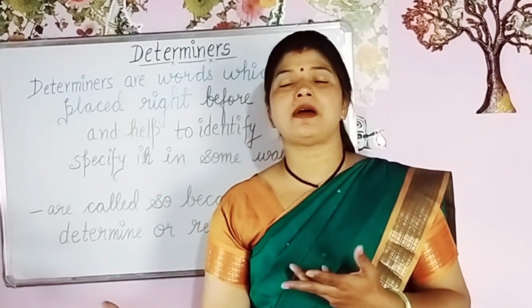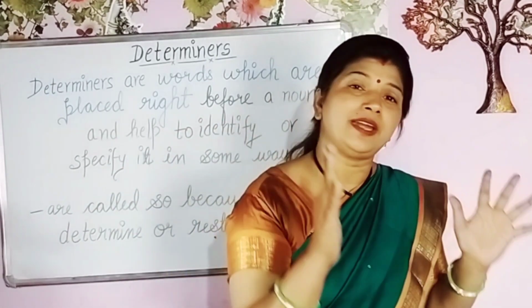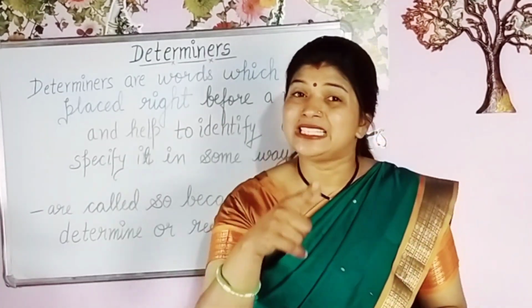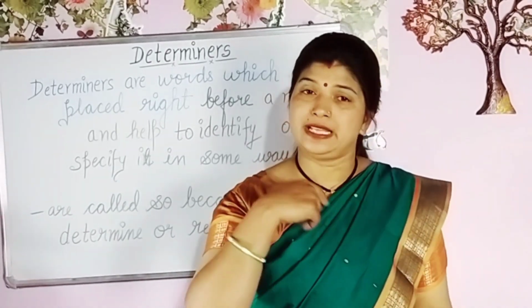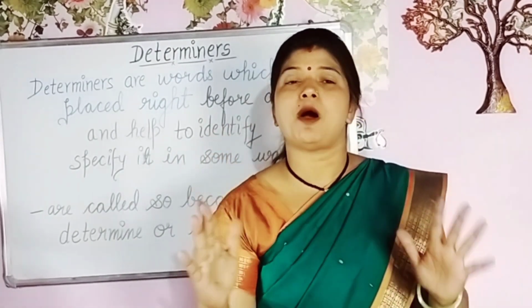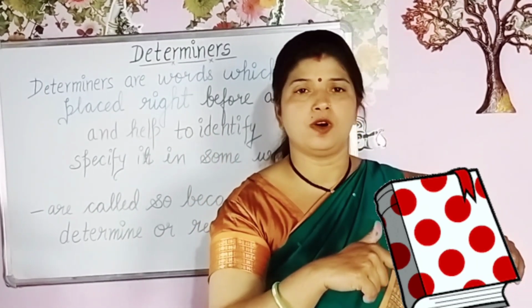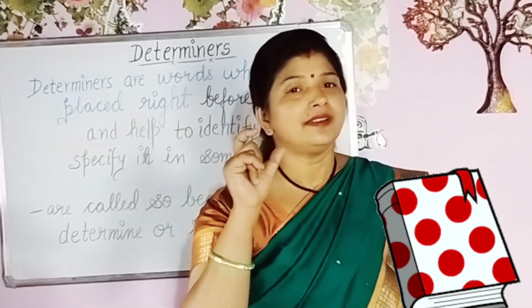No, it was not understandable. But when Rohan said, please give me that book, he pointed towards that book. Then Sohan understood that he is talking about that red book. So in this, that word is a determiner.